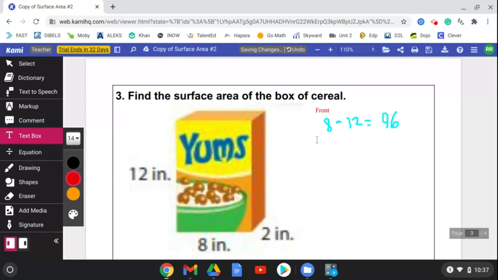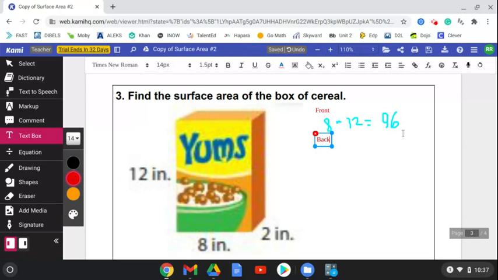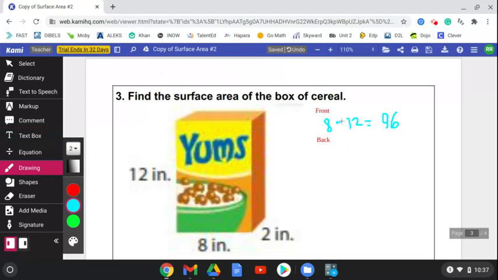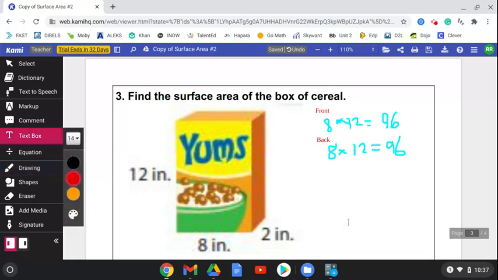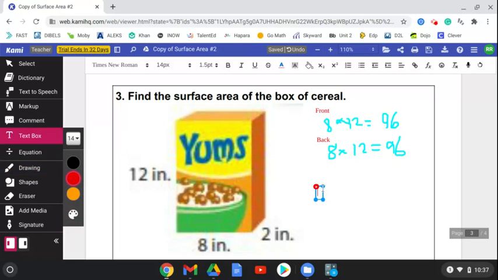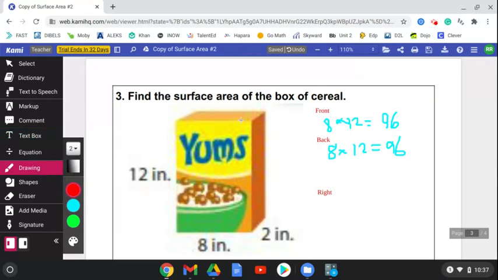Now, would you agree that the back of the box is the same thing? The back of the box is also an 8 by 12. So I'll go 8 times 12 is also 96. Okay, now what about the sides? Let me do the right side as I'm looking at it. And so that would be a 2 by what?